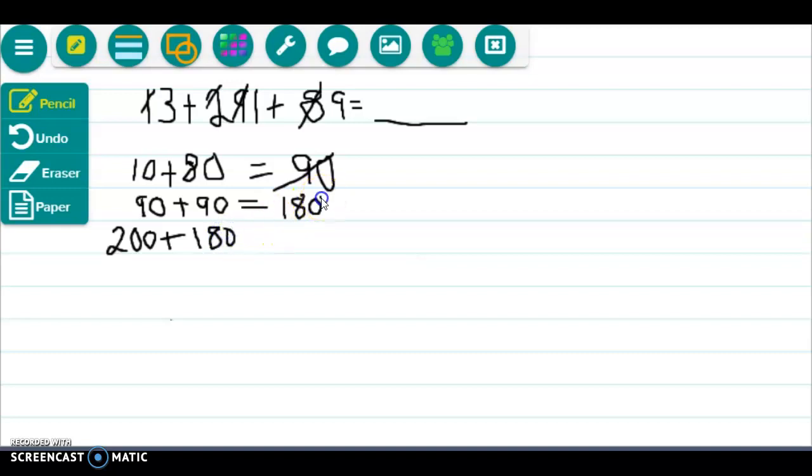Okay, again, I'm going to cross this out. As you're doing longer problems, it's very important to cross out your numbers as you're working with them so that you do not get confused. 200 plus 180 equals 280.